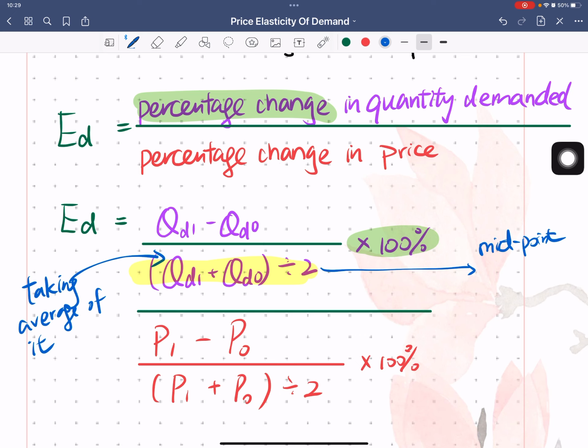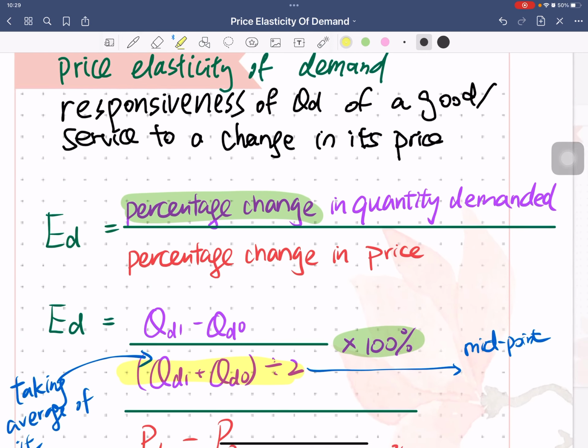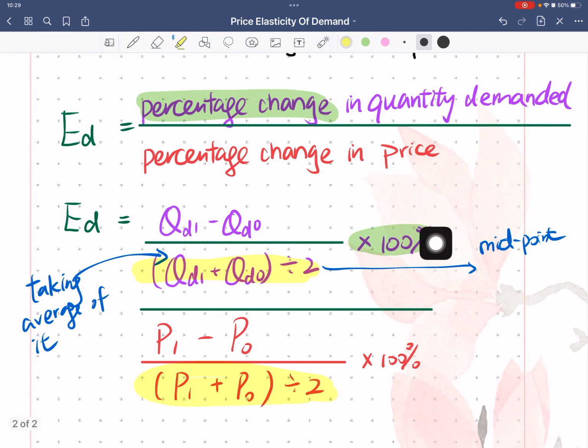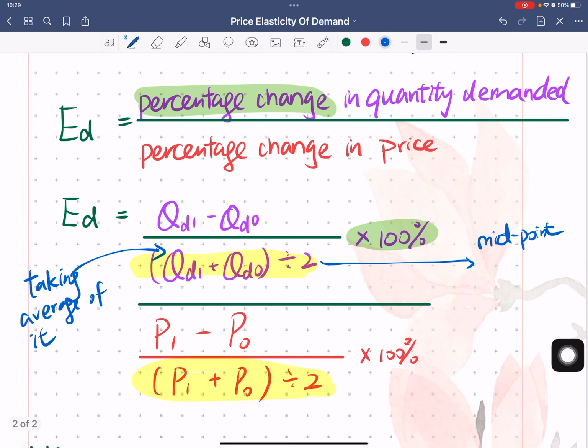So we sum the new price and the original price, and then we take the average by dividing by 2, and then we times 100%. Similarly, this is no longer the mathematical way, but we are using the average, the midpoint approach.